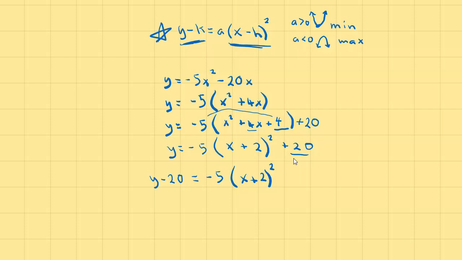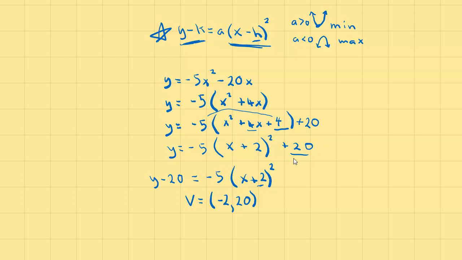Okay, and so we can see that the vertex is negative 2, 20. Okay, and the reason why it's negative 2 is you look at the plus 2 in here. Well, the general form has a minus h. So x is going to have to be negative 2 in order for it to become x plus 2.